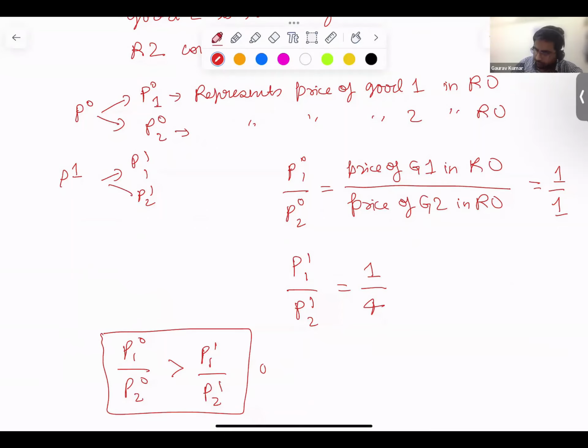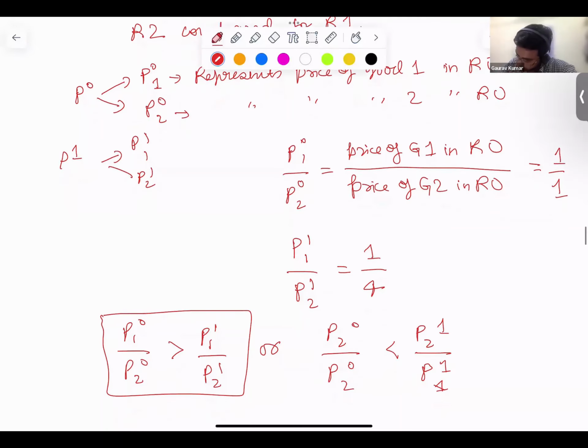Or you can write P20 by P21 is less than... have I written this correctly? Let me check. No, this will be 1.